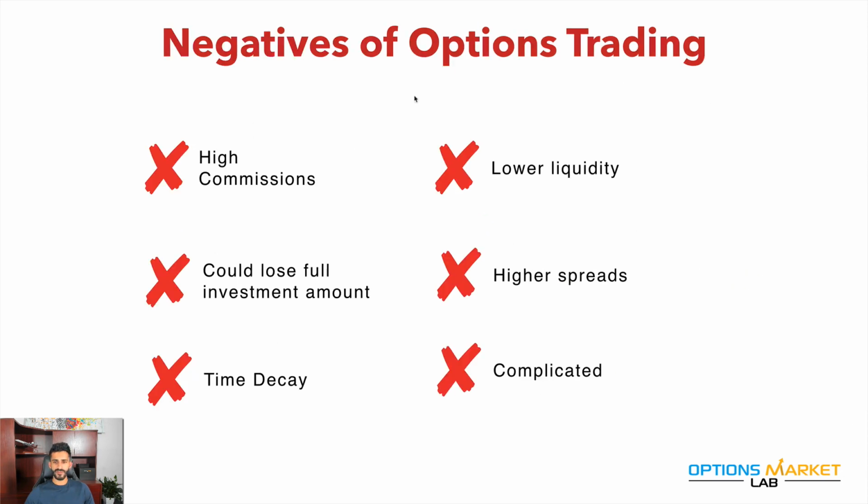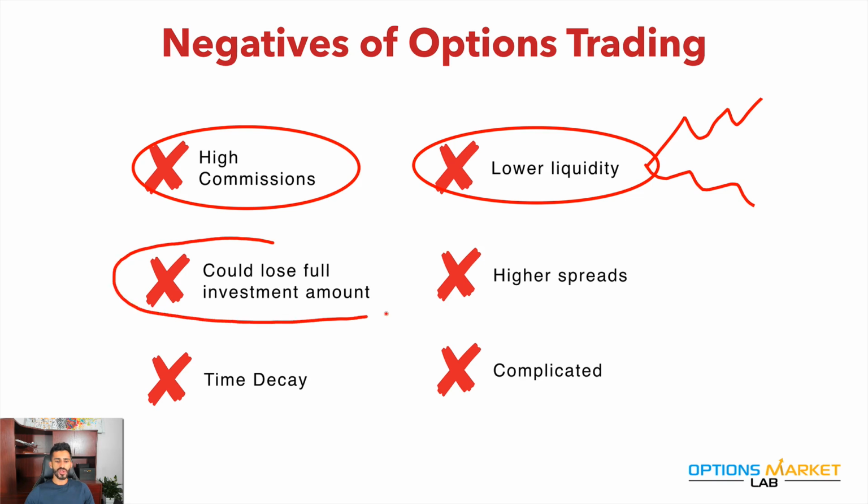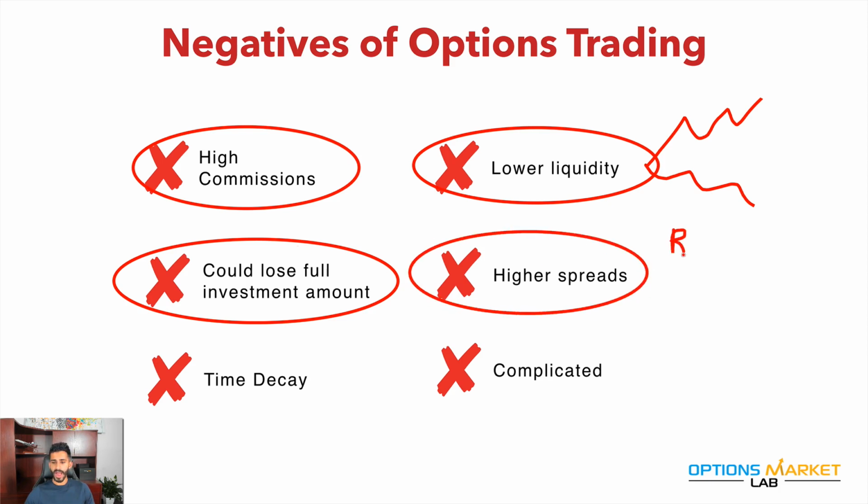What is the negative of options trading? The negative of options trading is there are very high commissions, way higher than stocks. There's lower liquidity, meaning it's harder to get in or out of some trades. You could lose your full investment amount, which is the premium, which shouldn't happen if you have proper risk management. There are higher spreads, meaning the buyers are at $1.20 and sometimes the sellers are at $1.80.